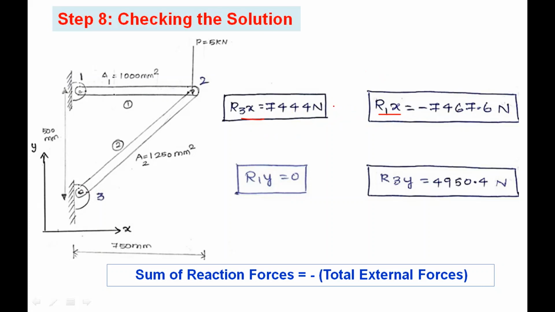This R3x and R1x will be equal and opposite, they will nullify each other. And when we come to the y component, R1y plus R3y will be equal and opposite to that external force 5 kN. So the 5 kN is acting downwards, so minus 5000. So we are getting R3y nearly 5000 Newton, 4950. So this difference is because of the rounding error only.